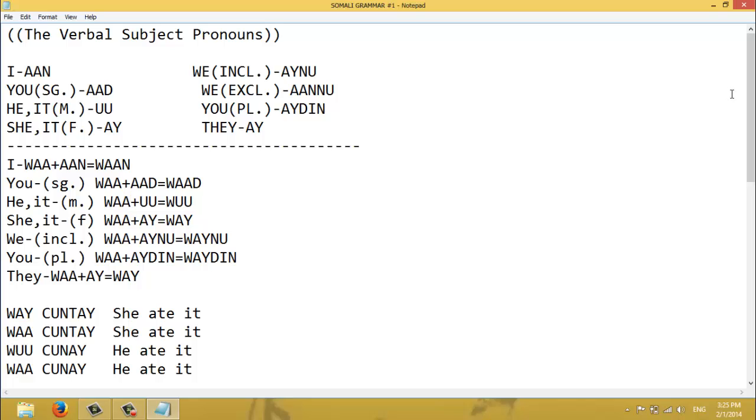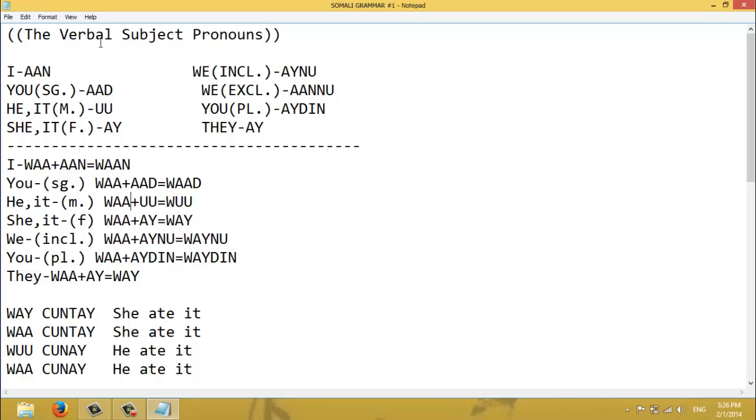the chapter 1 grammar section of the Colloquial Somali course, and they provide you with a chart. It looks like this. I just copied it from that book. So these are the verbal subject pronouns. We all know what personal pronouns are. If you don't know what a personal pronoun is, it's basically I, you, he, she, it, we, you, they.